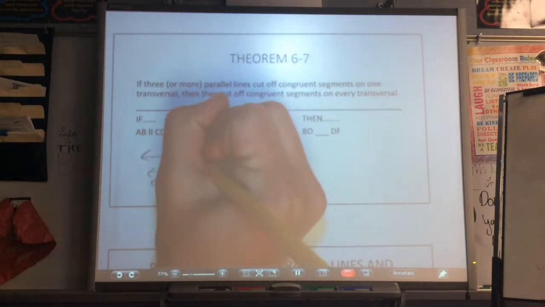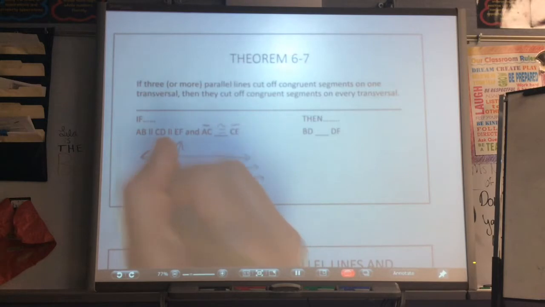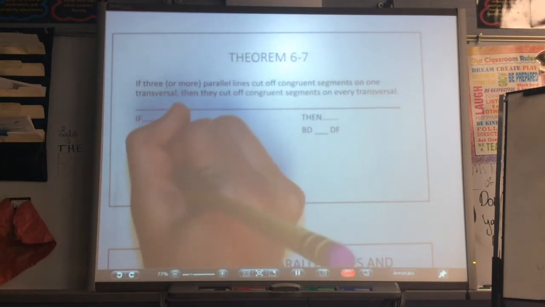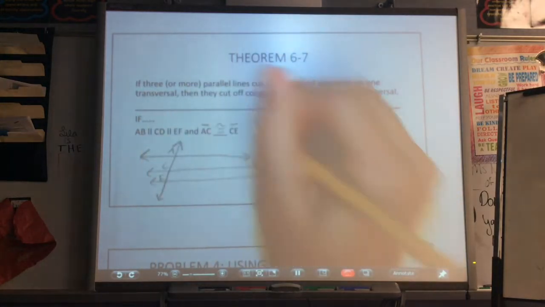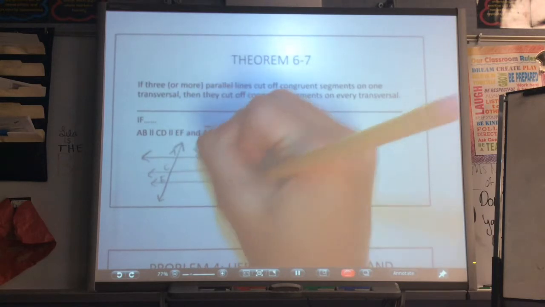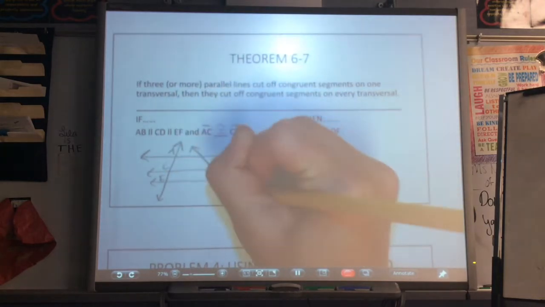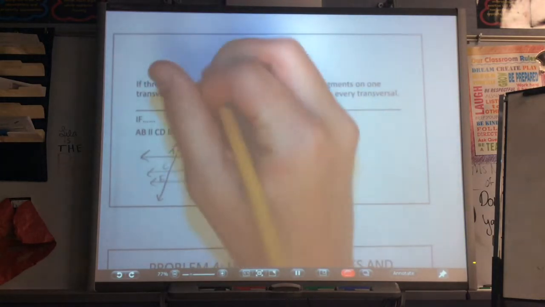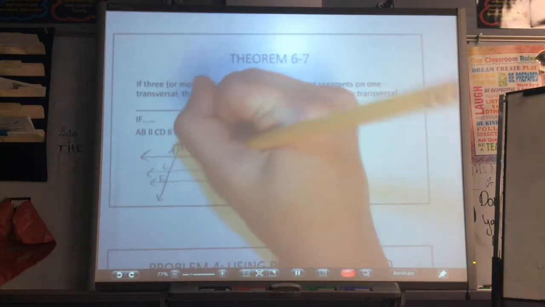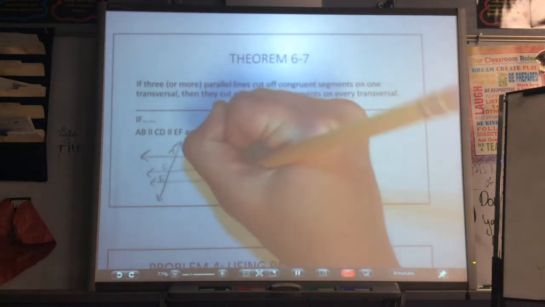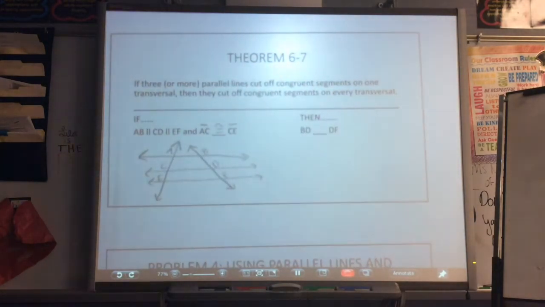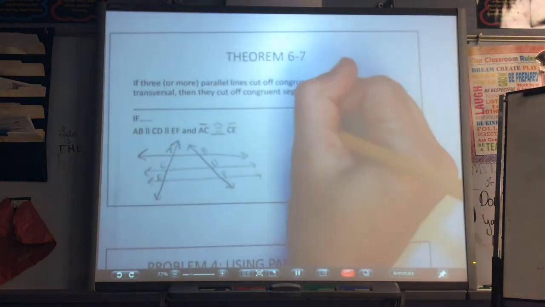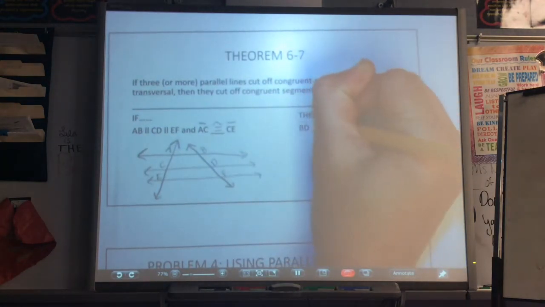So then we're going to have our slanted line, which is going to be labeled E, C, A. Then on the other side, it's a little more slanted than the first one. It will be labeled B, D, F. So then BD is congruent to DF.